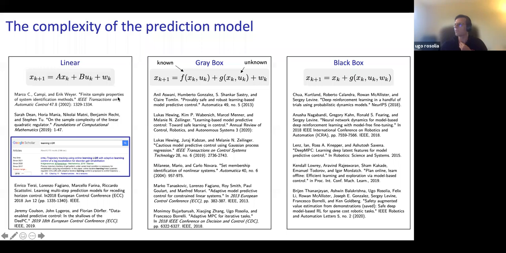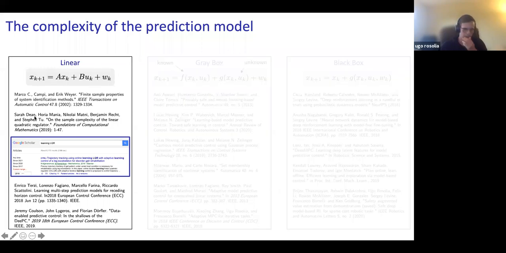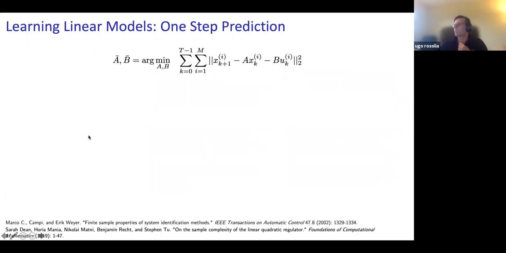Okay, so let's start with the first strategy. Not all, but some of these papers basically use regression, and here you can have, if you wish, also a regularizer, or you don't. And the idea is that using historical data, we can approximate our system dynamics, A hat and B hat.